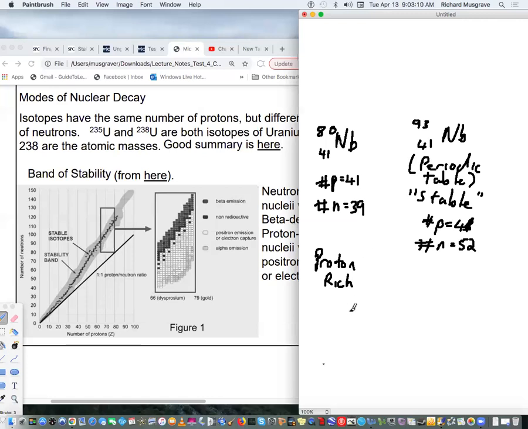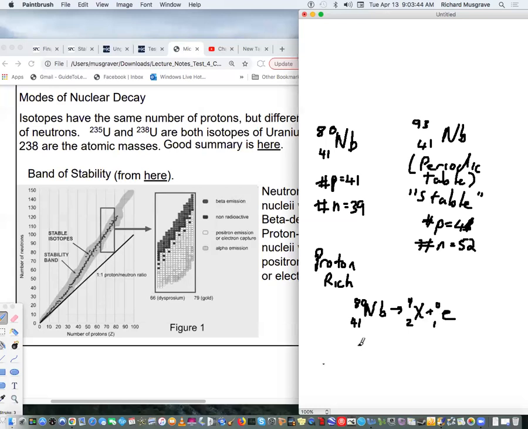Okay. So if it's proton rich, it's going to decay via positron decay. So let's have a look. It's 80, 41, and it's going to decay into something plus a positron. Now positrons have a 1 here for the charge and 0 for the mass, so it's the opposite of the electron.